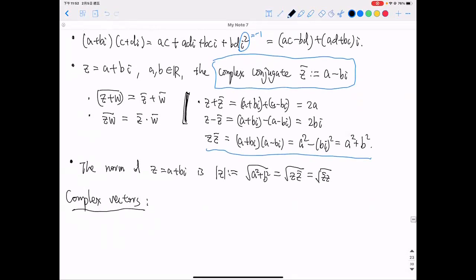So now we call these complex vectors. They're not anything really that complicated. You just have entries now being complex numbers instead of real. Okay, that's certainly workable.